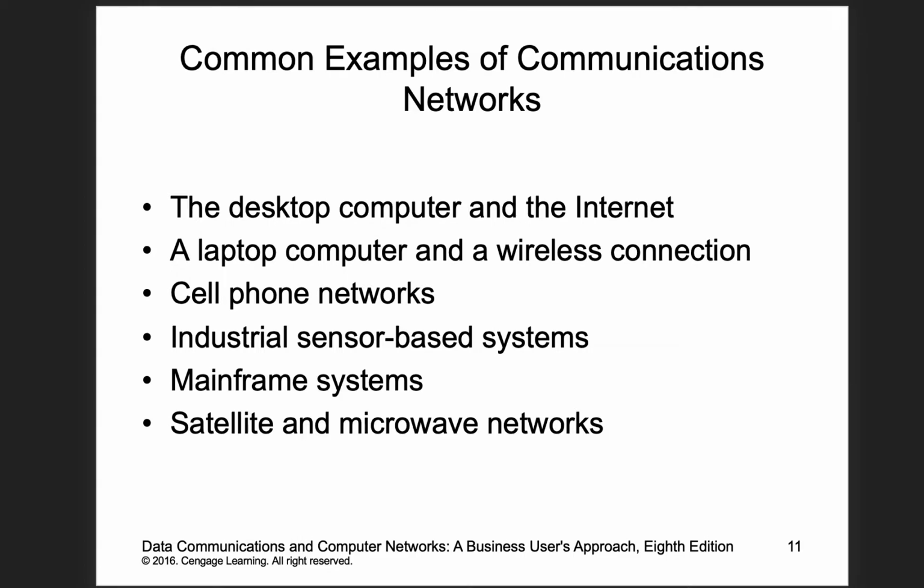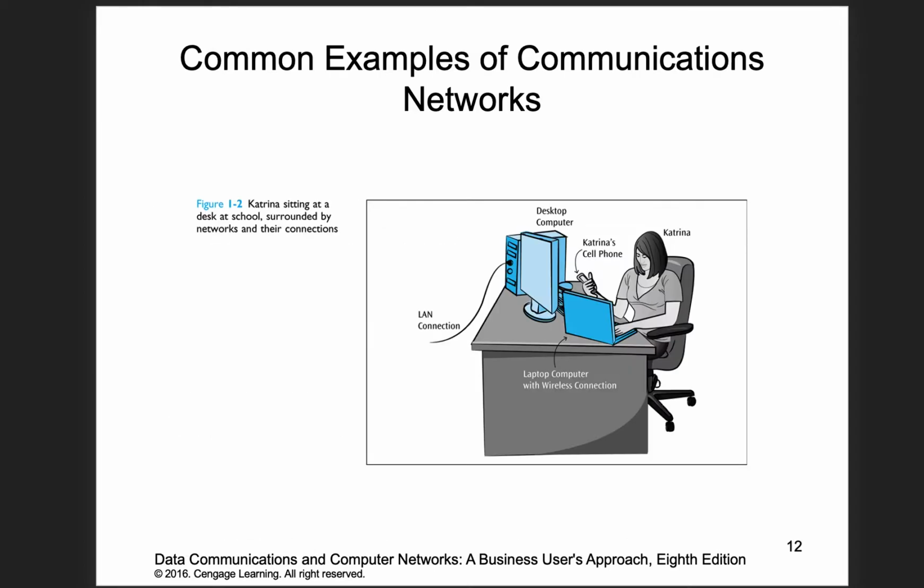Some examples of network communication. You look at the picture here. We have this lady, right? On a typical office setting, we have the desktop, and she will be doing her work, and at the same time the laptop is there, and she could be surfing on Facebook or something else, and on the cell phone she could be chatting with her friends, or TikTok.